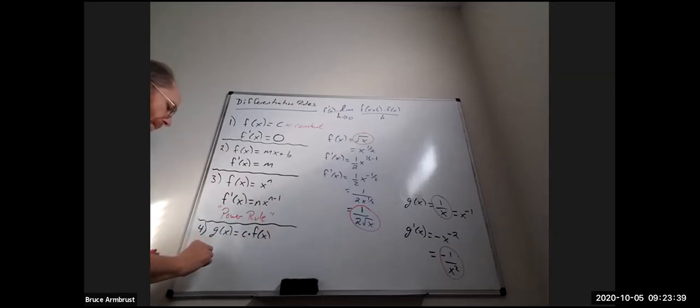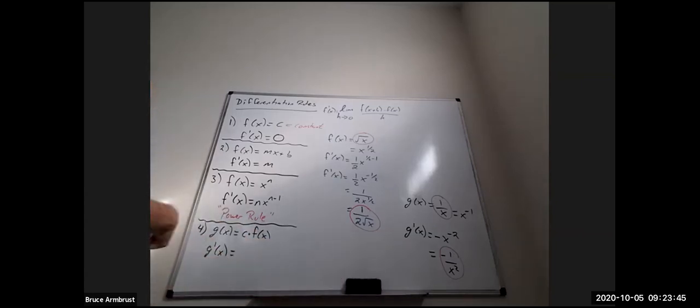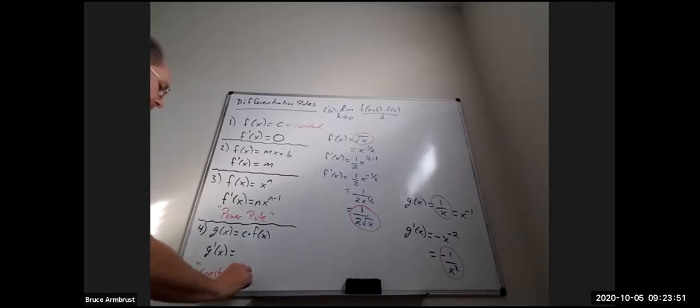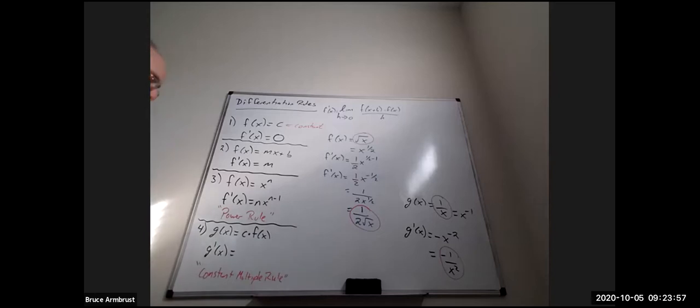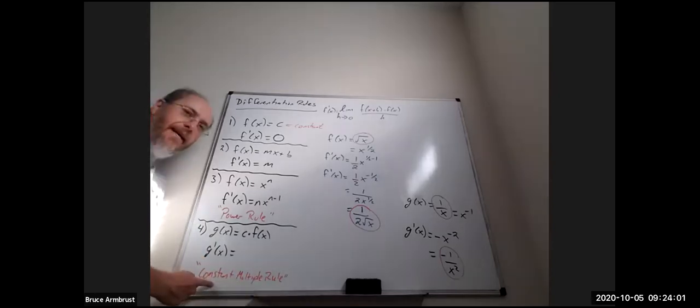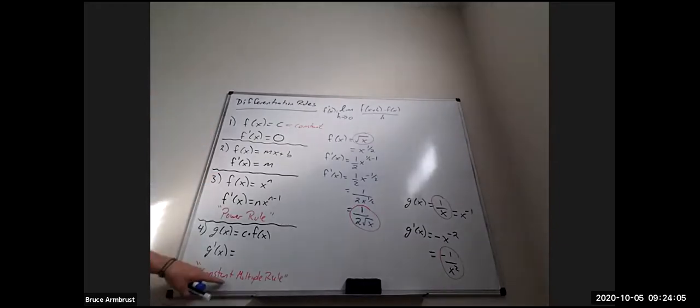And we'll leave a spot here for g prime. I don't know that this is actually what it's called, but I'm going to call it the constant multiple rule. So it's the rule when we're multiplying by a constant. See, I can name things like a mathematician, no problem.